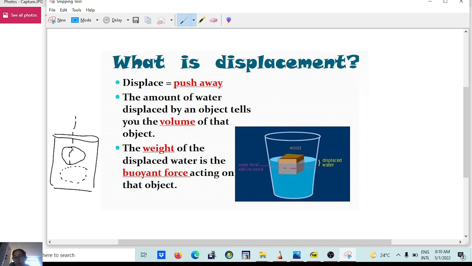So the volume of the water displaced will be equal to the volume of the object because it's totally submerged. Now, the buoyant force is not equal to the weight of the object, because the density of the object is larger than water.